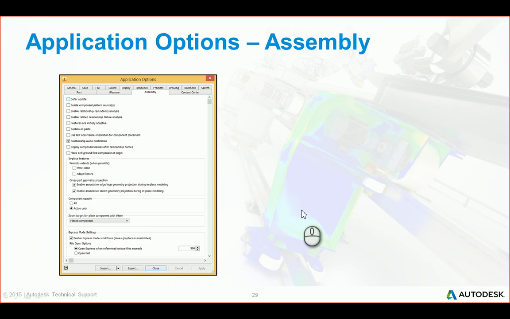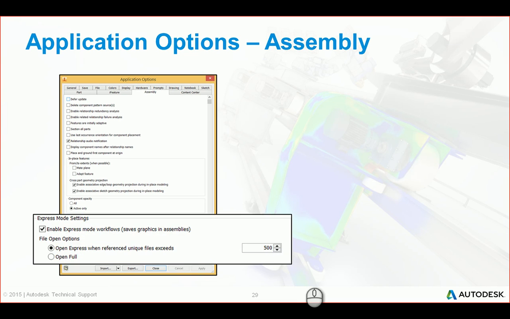In the assembly option, the biggest part here is Express graphics mode. Now this is set up for large assemblies, and this is the threshold. The number on the right is a threshold for the number of unique instances that are available. Once you hit that, then it's going to set the assembly to start storing Express graphics.